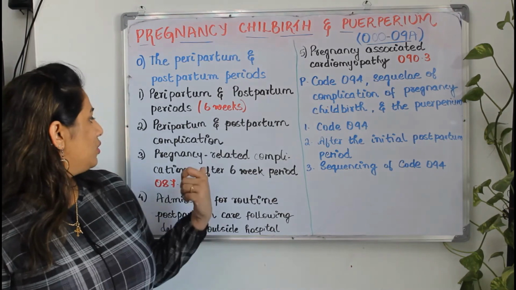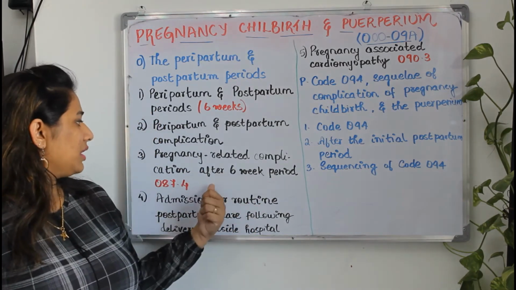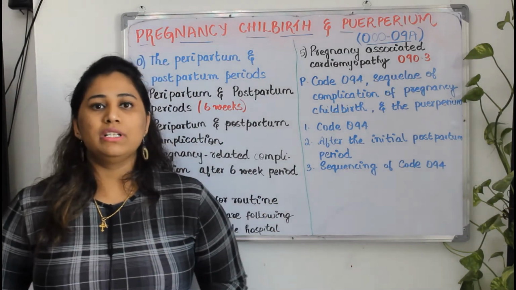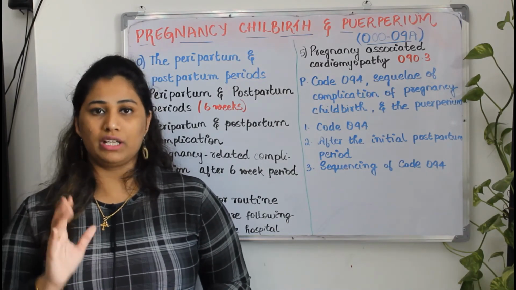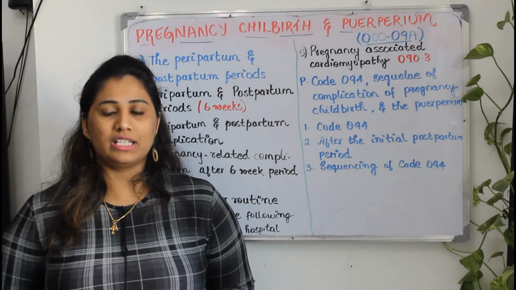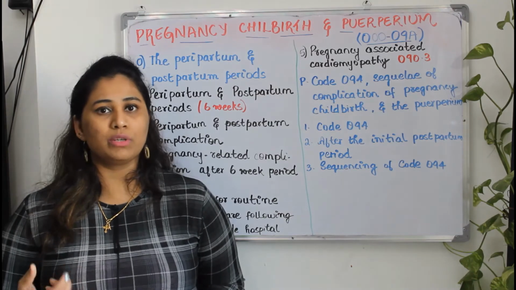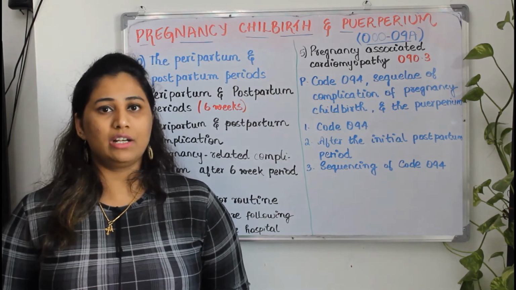So, in this you mainly need to understand pregnancy related complications within the peripartum period, if the patient is coming with any of the complications. I will give you an example. During pregnancy, 50 to 60% of women will have a complaint of varicose veins due to the excess childbearing weight.